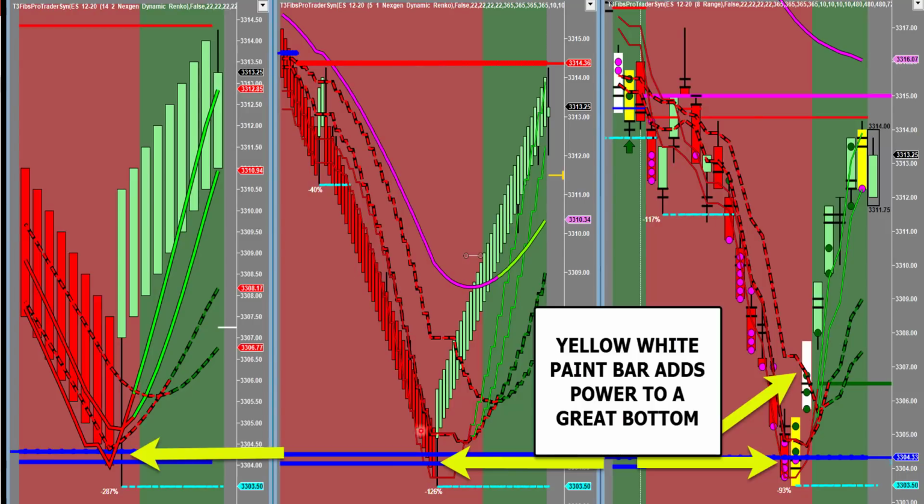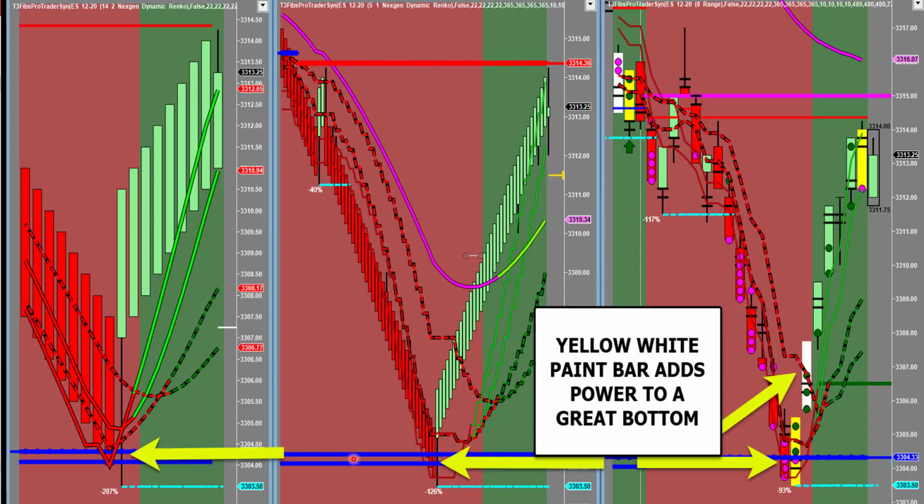Remember what we said confirms a really great edge at the market flow? If we get a yellow-white paint bar combination from an edge, it's a very powerful volume reversal that if we get a quick pullback, usually we can go long. This one didn't, but usually they give us an opportunity to go long.